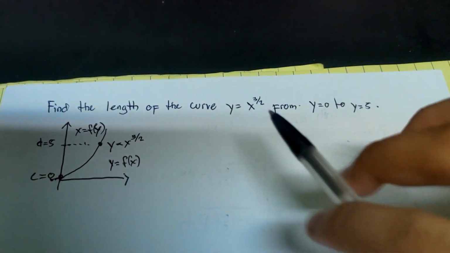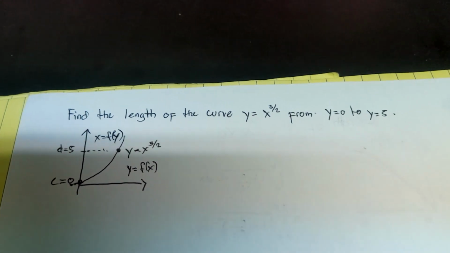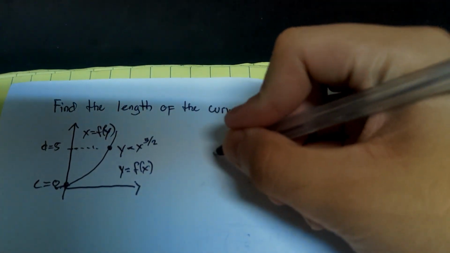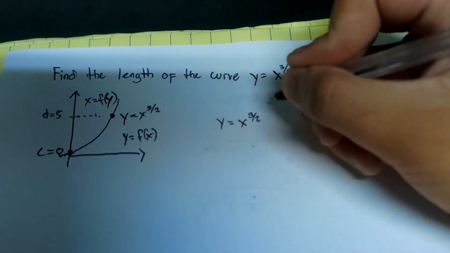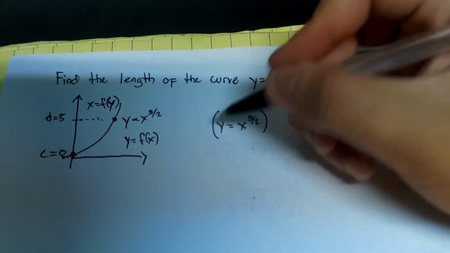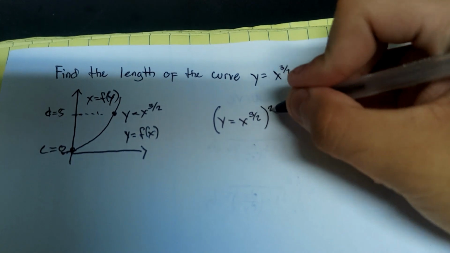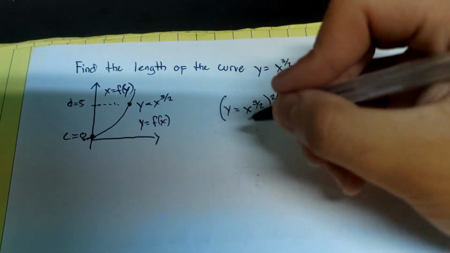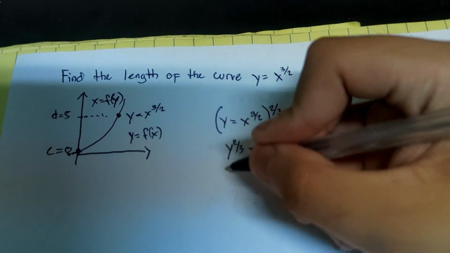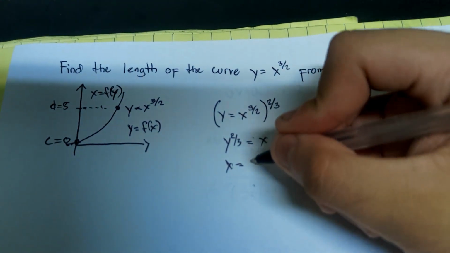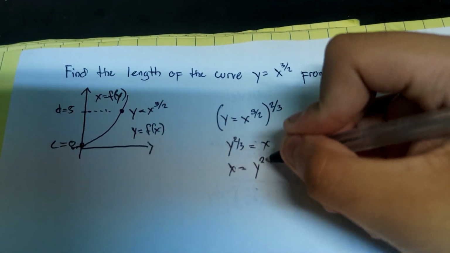Now, how can we rewrite y equals x to the 3/2? We can raise both sides to the power of 2/3. So y to the 2/3 equals x, so our x equals y to the 2/3.